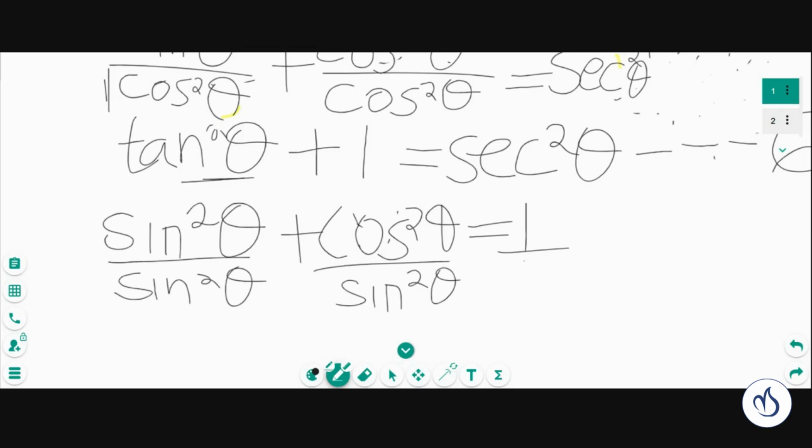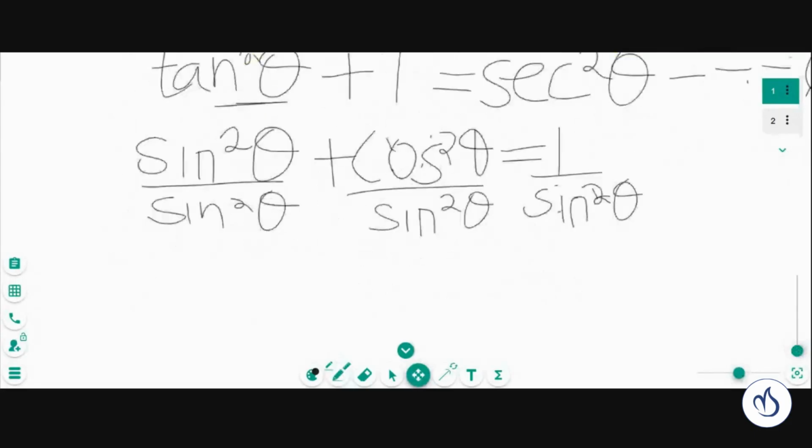That means whatever you do on one side, also do it on the other side. I would love to begin from this side.